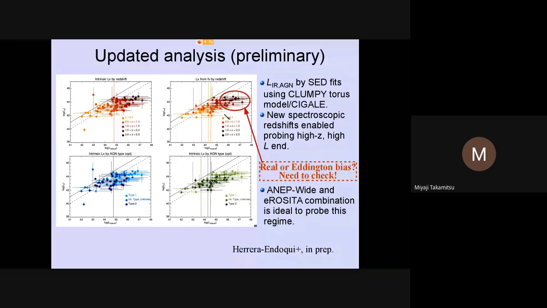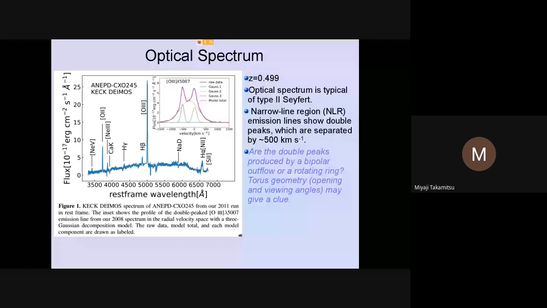So the next topic is about this particular double-peaked AGN, ANEP-D CXO245. This came from our telecon, where the group led by Matsuura-san at Kwansei Gakuin University went over the entire Keck spectra of the ANEP-D field and found this object, where the narrow line region lines are double peaked, separated by 500 kilometers per second.